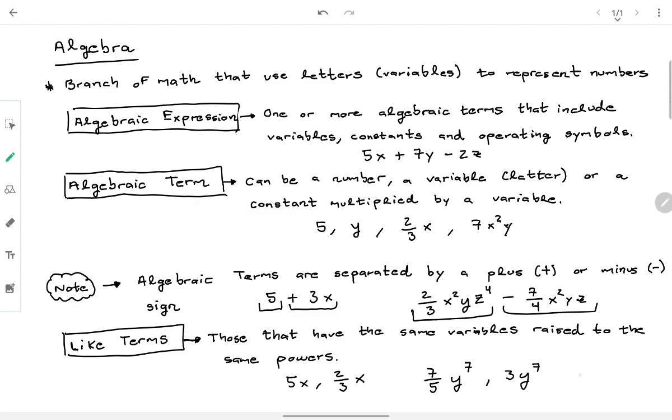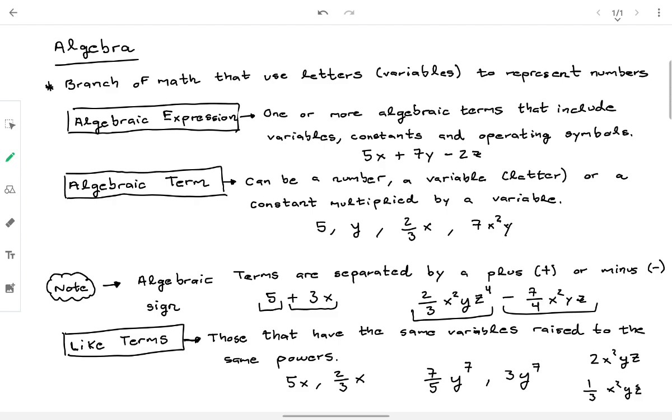We will put here another example. If I have something like 2x squared y z and maybe 1/3 x squared y z, both of them will also be like terms because, as I was telling you, they have the same variables, x squared, y, and z, and they have the same powers. x is squared in both, y is to the 1, and z is also to the 1 power.